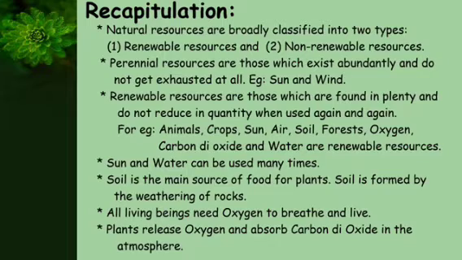Soil is the main source of food for plants. So, soil is formed by the weathering of rocks. All living beings need oxygen to breathe and live. Plants release oxygen and absorb carbon dioxide in the atmosphere.